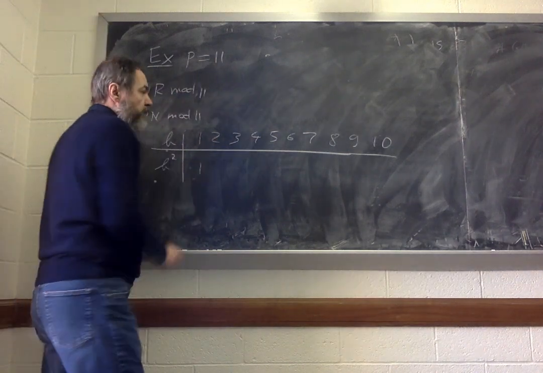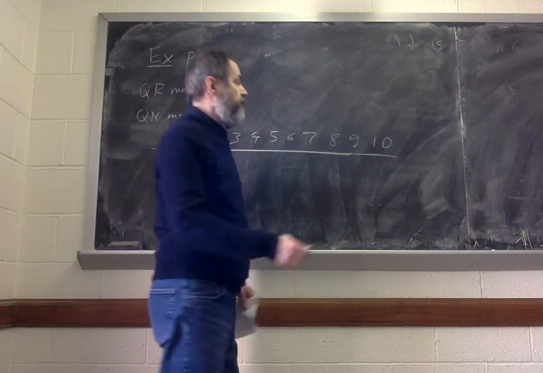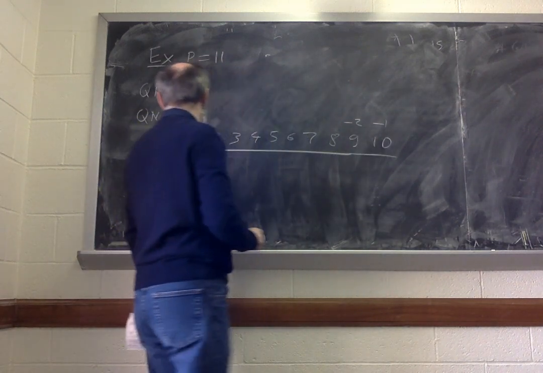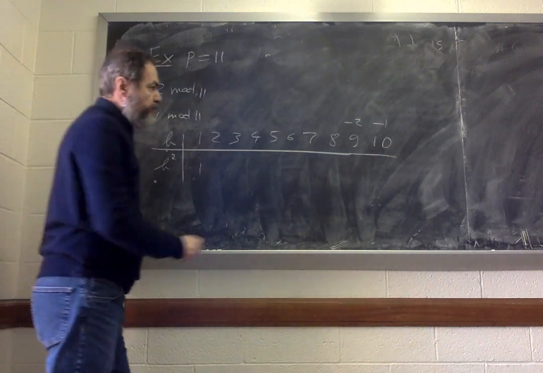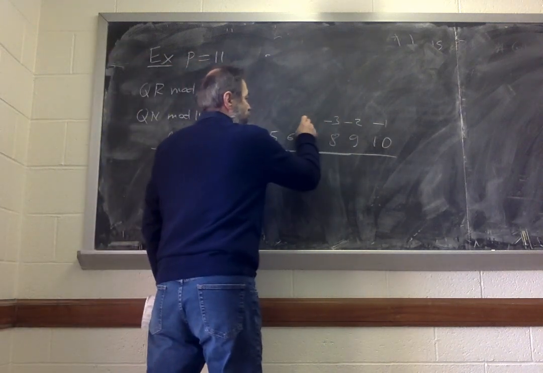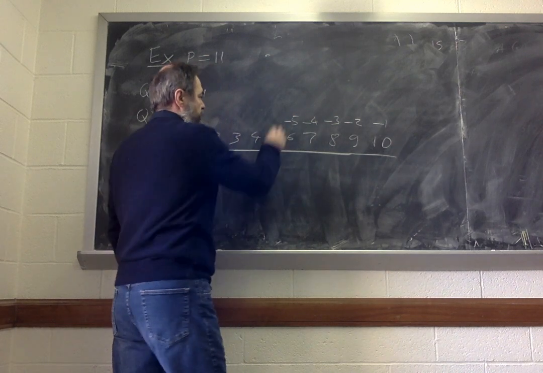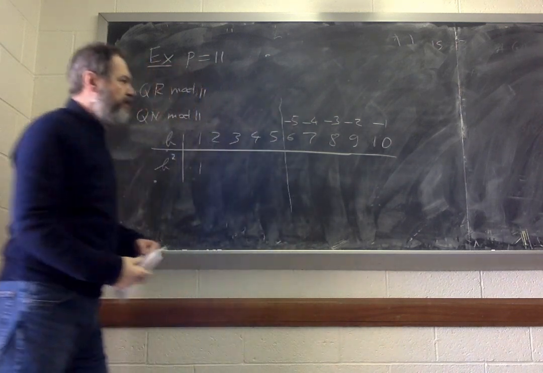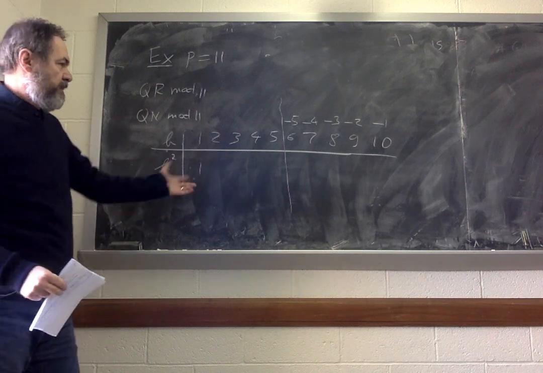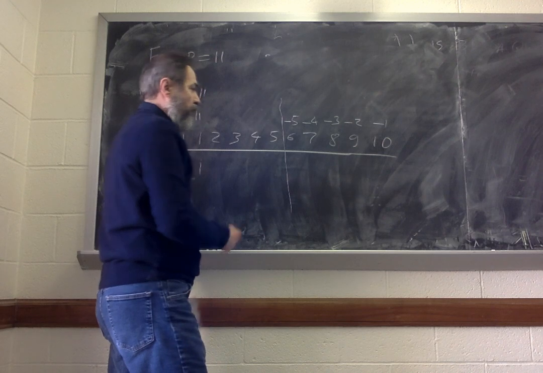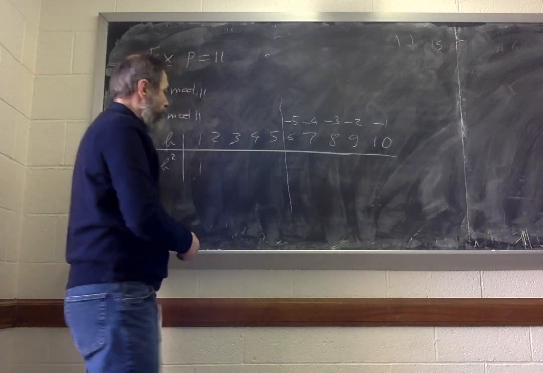1 squared is 1, 10 is congruent to minus 1, 9 is congruent to minus 2, 8 is minus 3, 7 is minus 4, 6 is minus 5. So already notice that these numbers will be symmetrically distributed here.